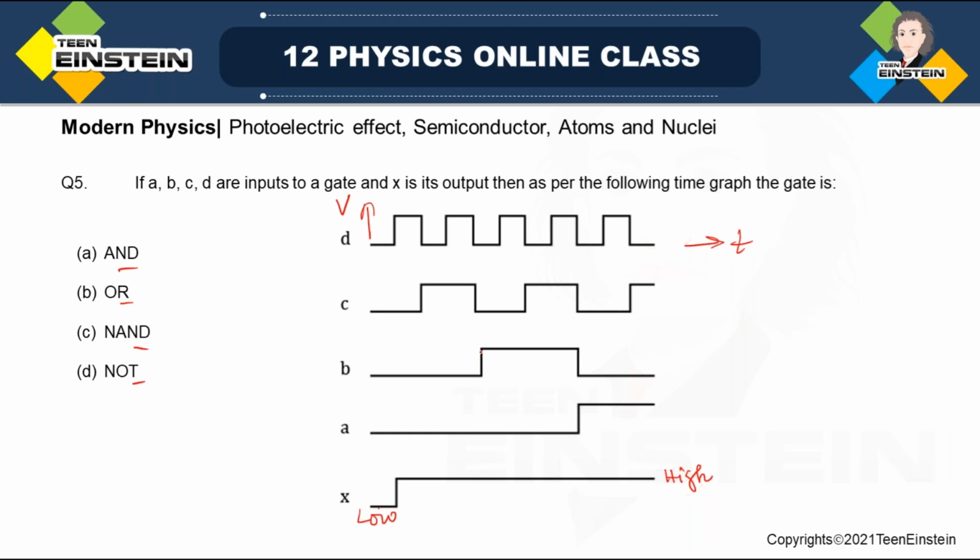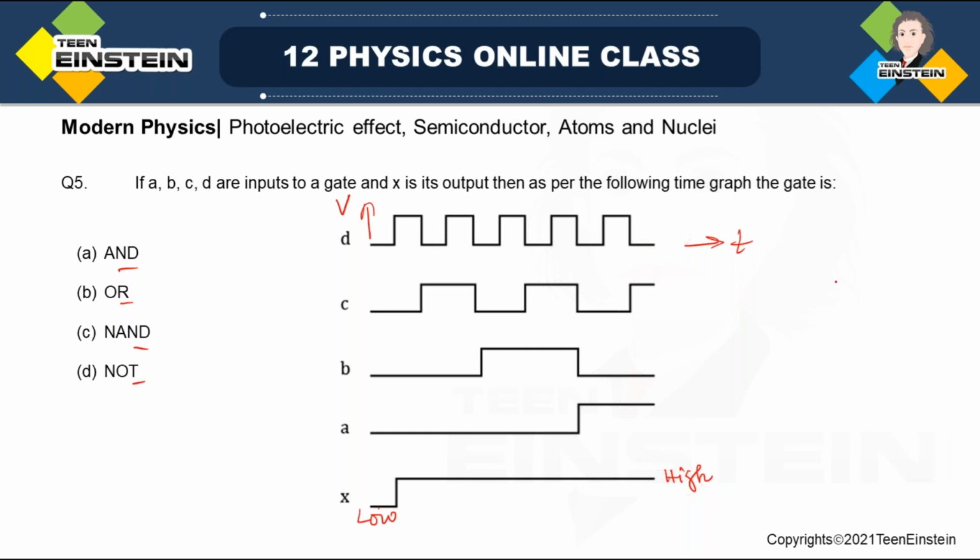We have to at least have some idea about the output or the truth table of the various gates.